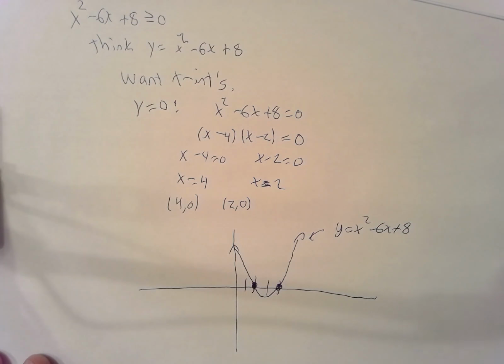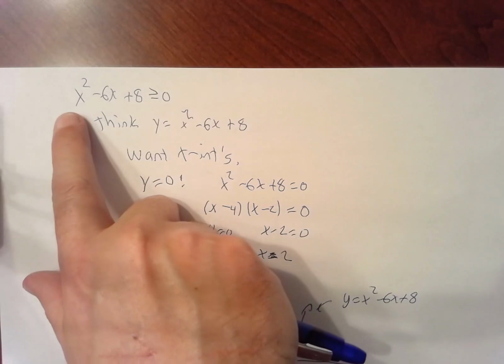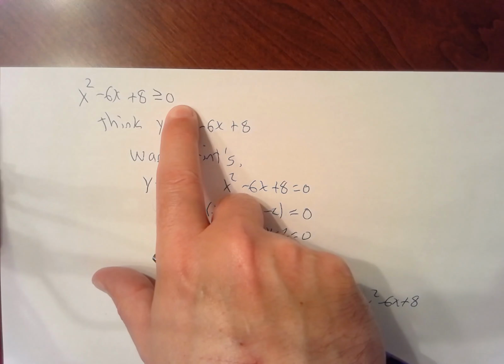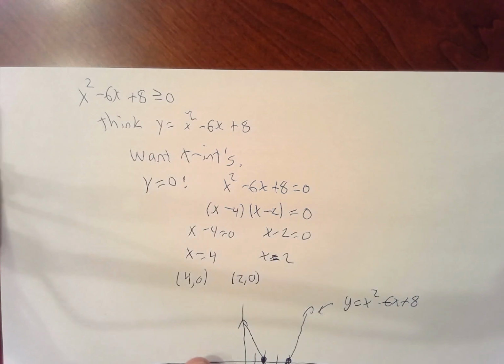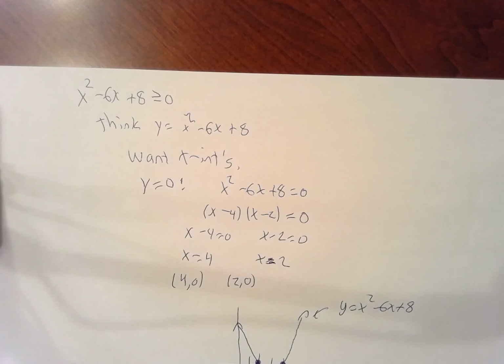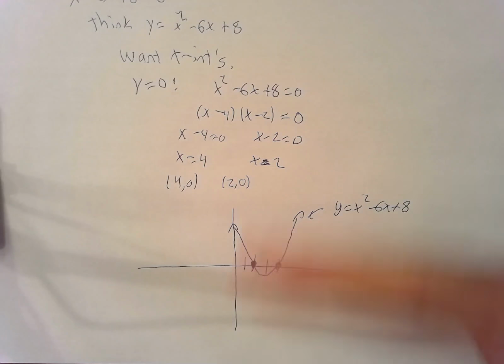Now, really for the first time, I look and see what I was initially trying to solve. I want to know where this graph is bigger than 0. So I want the graph, the y values, to be positive. So we look here. I'm looking vertically now.